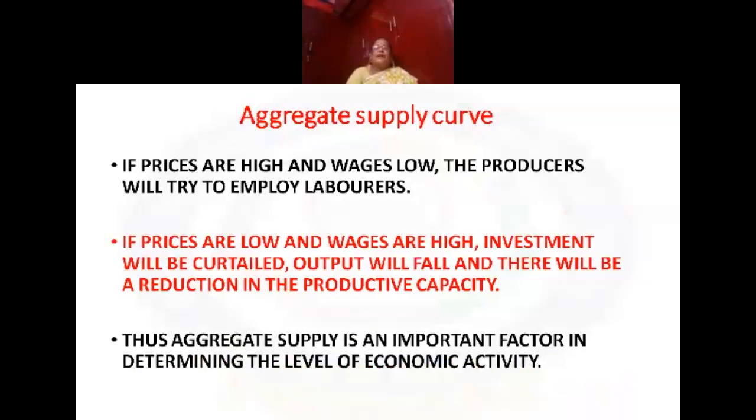If the prices are high and the wages are low, the producers will try to employ more laborers. If the prices are low and the wages are high, investment will be curtailed. Curtailed is nothing but stopped, coming to an end, or made reduced, or made smaller.